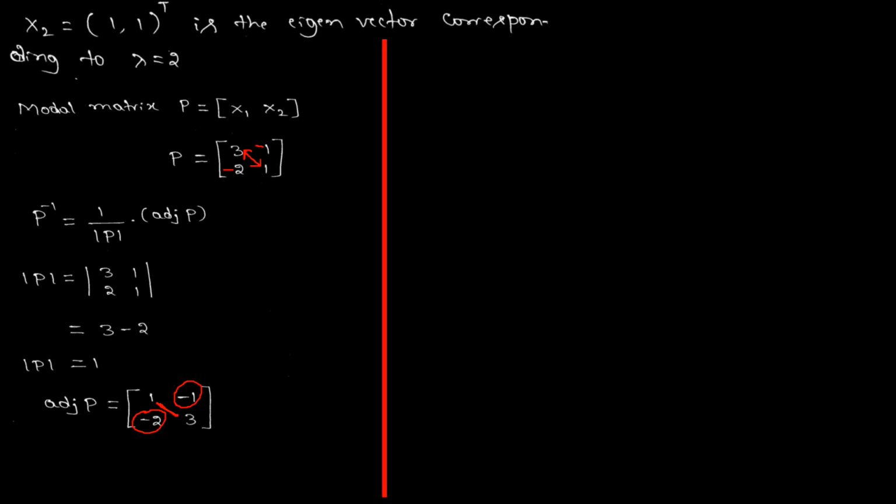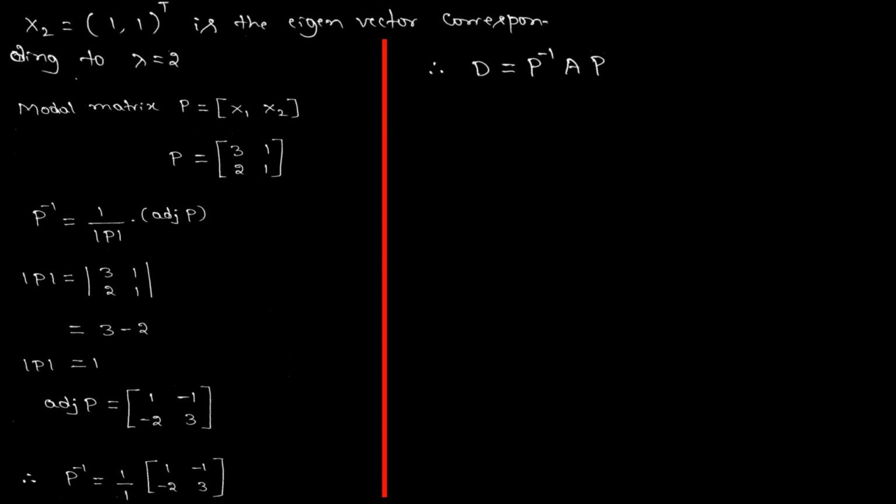So this is our adjoint. Now let us find P inverse. P inverse is equal to 1 by determinant into adjoint of P.